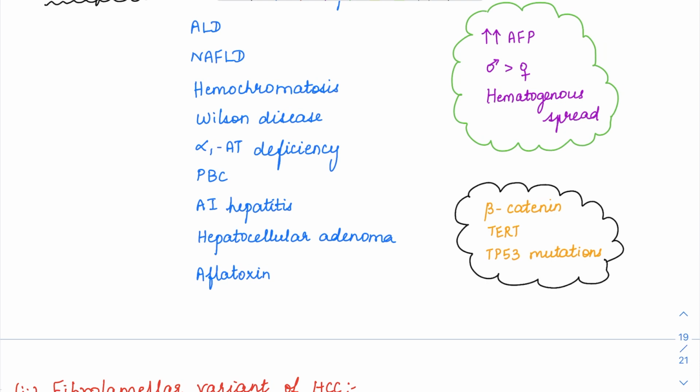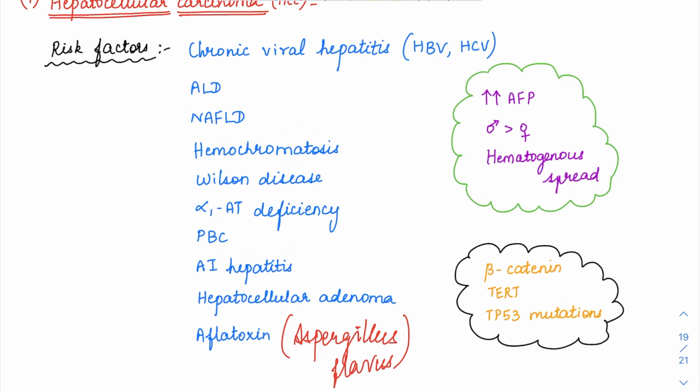Some types of hepatocellular adenoma can become a preneoplastic condition and turn to hepatocellular carcinoma. Apart from that, there are aflatoxins, produced by a fungus called Aspergillus. So Aspergillus flavus produces this aflatoxin, which is associated with hepatocellular carcinoma.